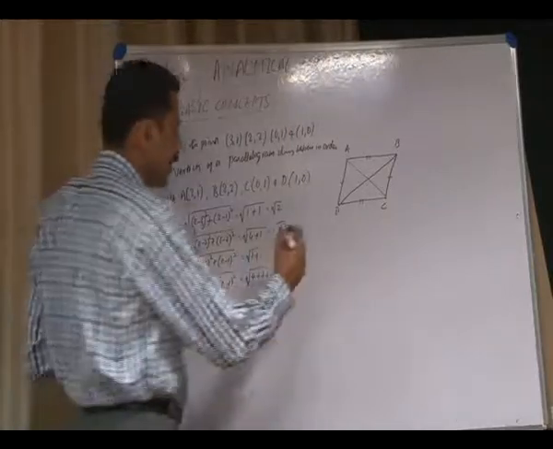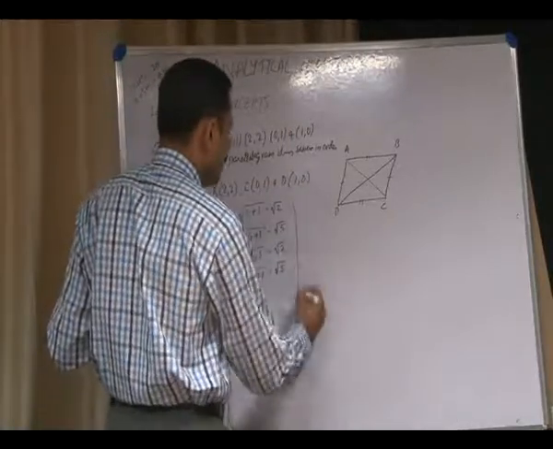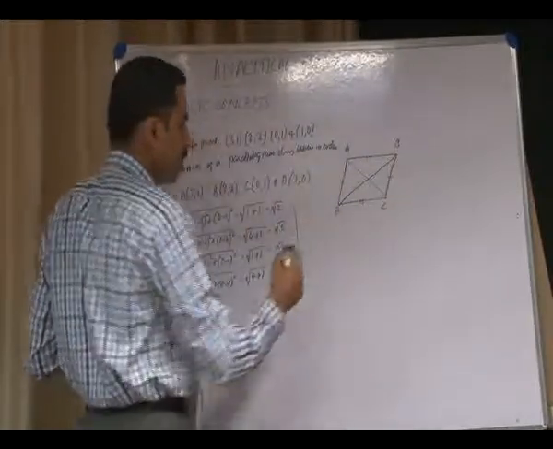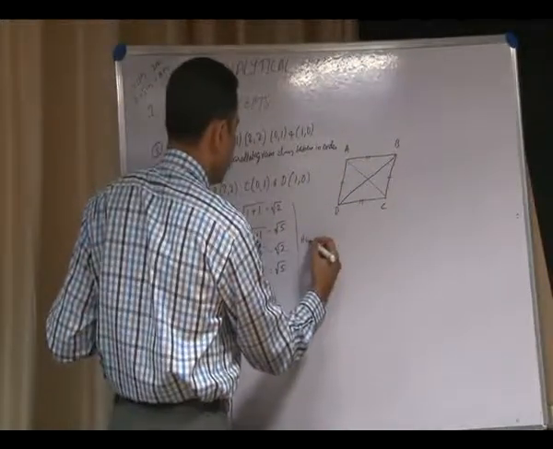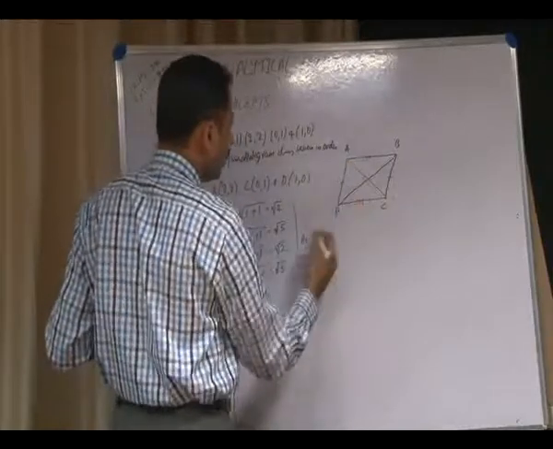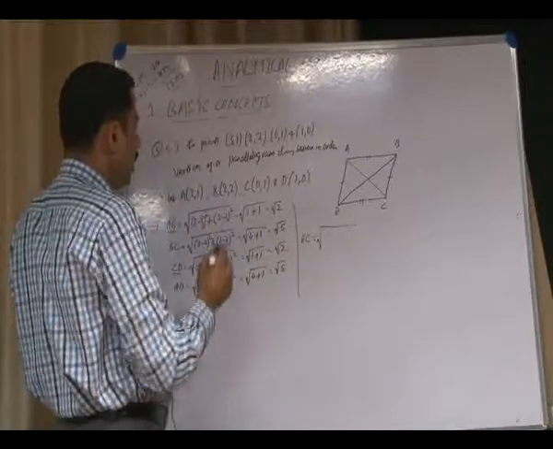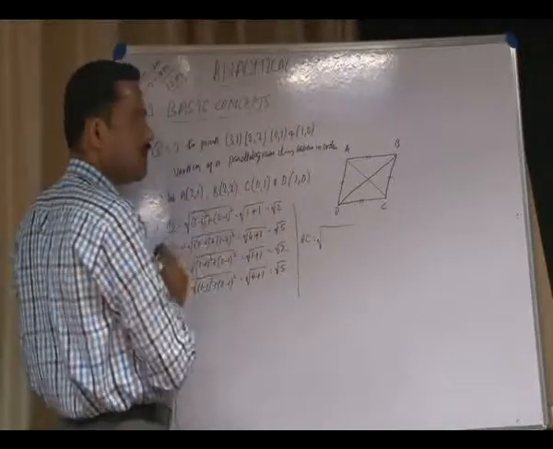So first I will calculate the diagonals here. In this we get 2 diagonals, one is AC and the other one is BD. First I will calculate diagonal AC, that is the distance between the points A and C, by using the distance formula. AC is equal to, A is the first point and C is the second point here.